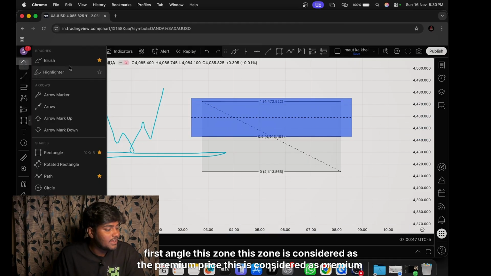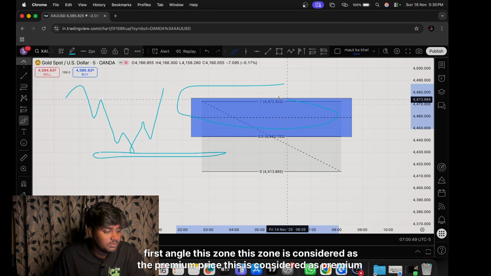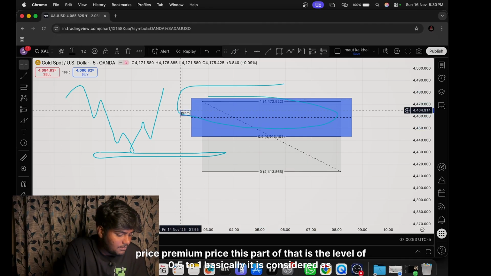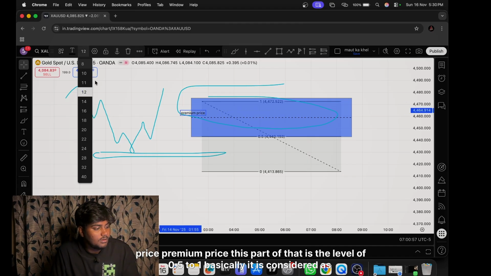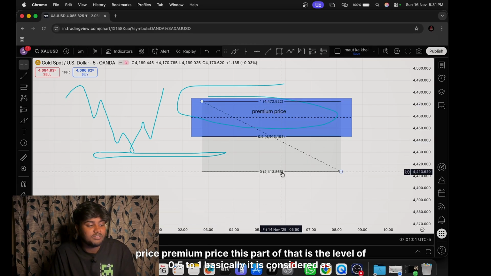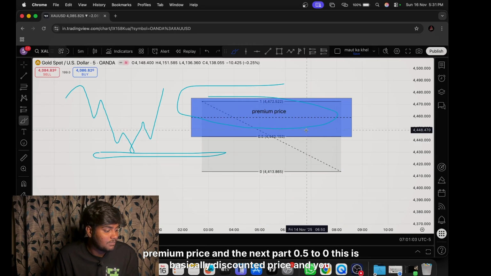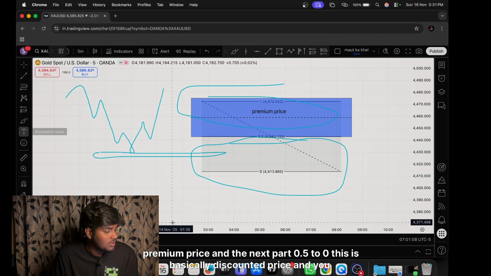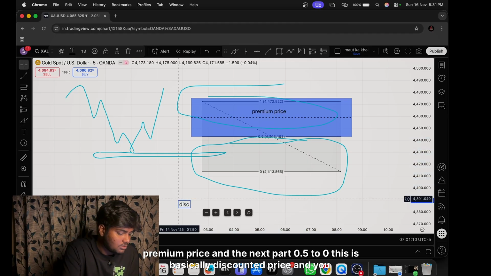This zone is considered as the premium price. This part, the level of 0.5 to 1, is basically considered as premium price. And the next part, 0.5 to 0, is basically discounted price.